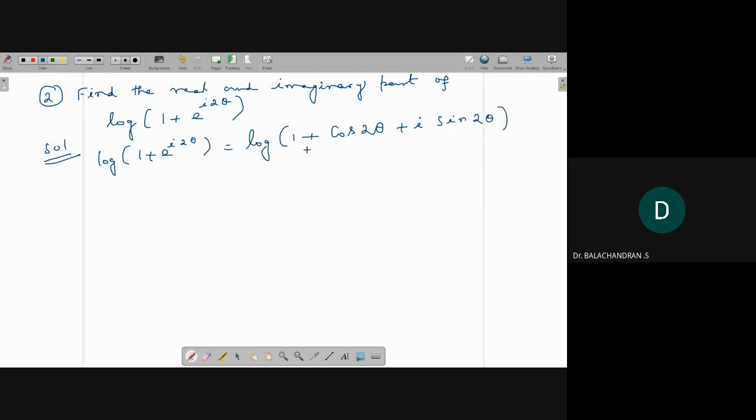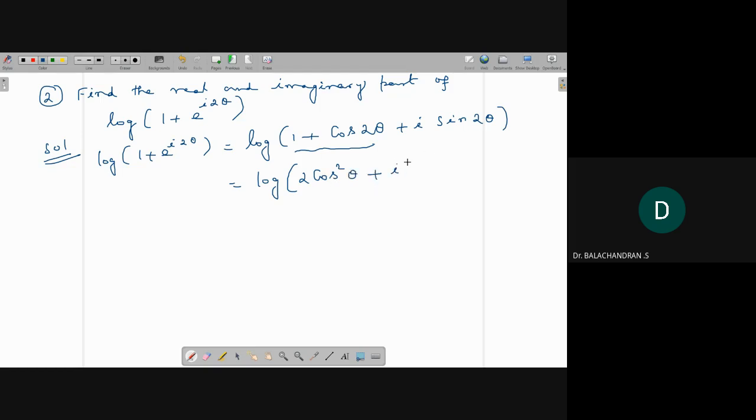Now I am grouping these two. So now what is 1 plus cos 2 theta? 1 plus cos 2 theta is 2 cos square theta plus i sin 2 theta.